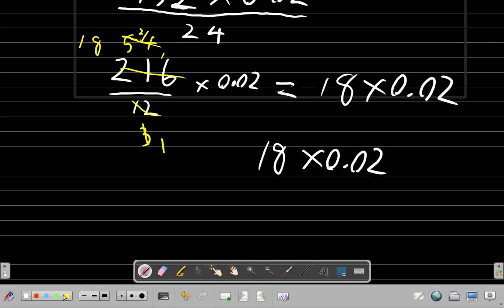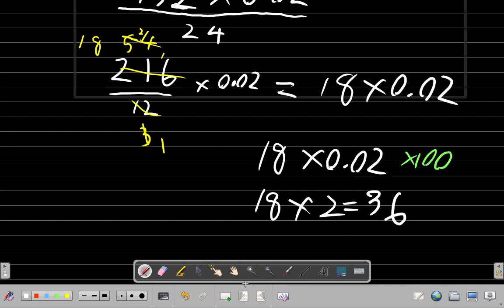We want to multiply it by 100 because we don't want the point here to mess up our brains at this point. So we multiply by 100. What we get is 18 times 2. You see that? Multiplying 0.02 by 100 is like moving the point 2 places to the right. And this becomes 18 times 2, which is 36.